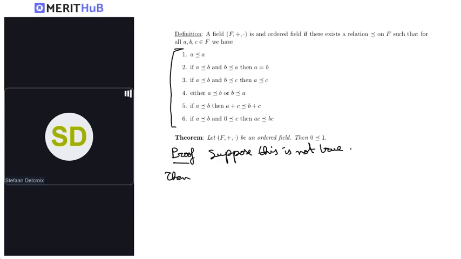Then 1 must be less than or equal to 0. Can you guys tell me which of those 6 properties I'm using to conclude that 1 is less than or equal to 0 if it's not true that 0 is less than or equal to 1.